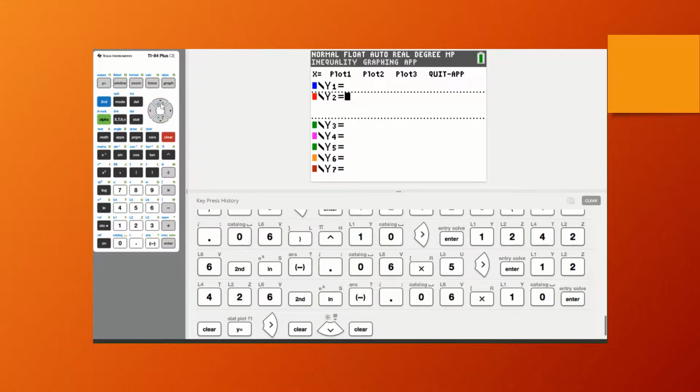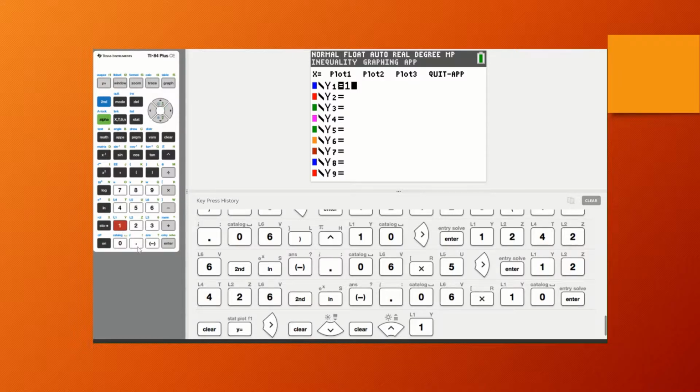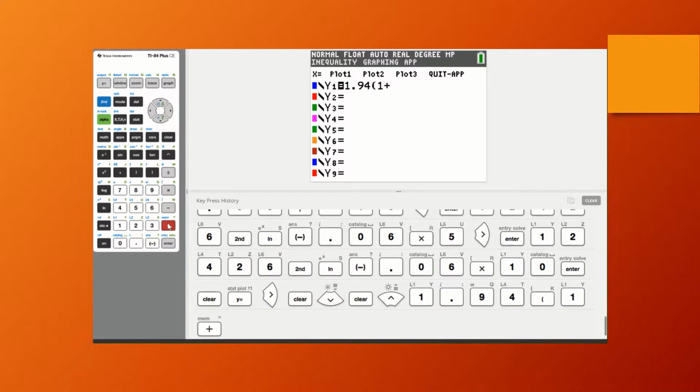And I'm going to enter that exponential growth model, which was 1.94 times 1 plus 0.015, raised to the power of x.